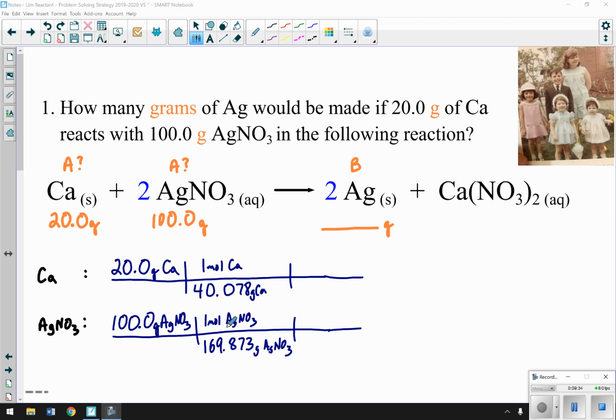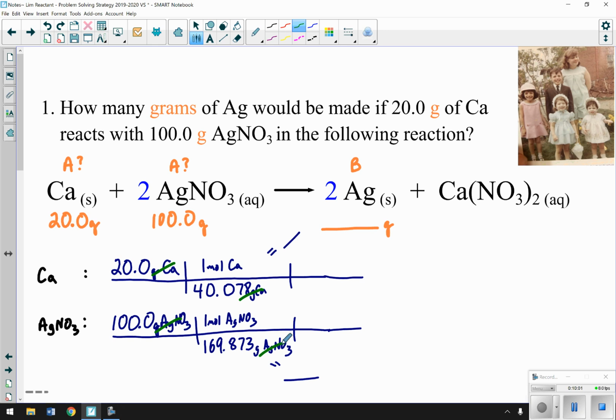If I actually stopped right here and did the math for these, I would have the moles of each A. But before I even do that math, step 4B from the previous page says multiply each one of these mole numbers by the mole ratio. This would be moles of calcium if you look at the units that are left, and this would be moles of silver 1 nitrate.